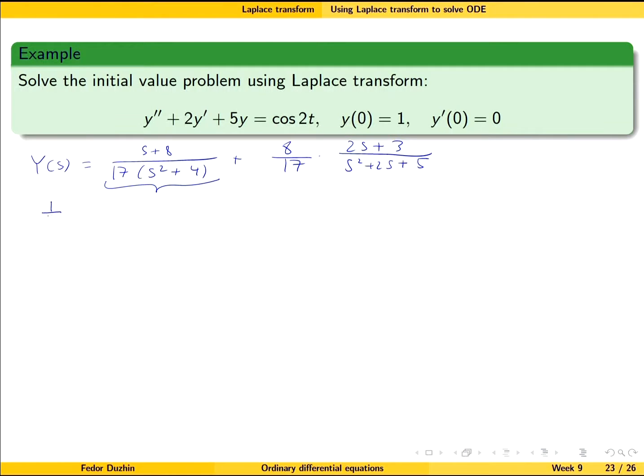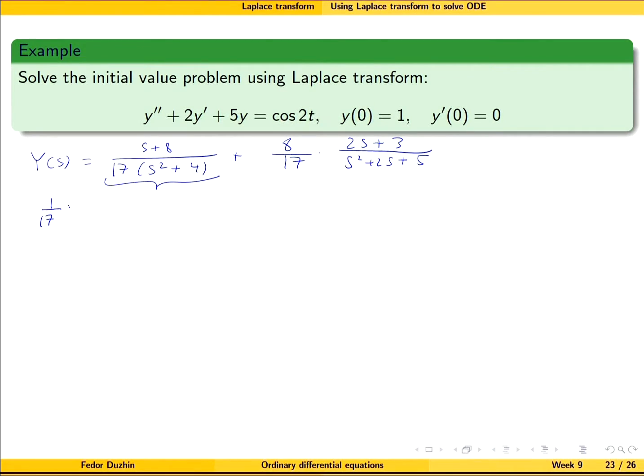So this is 1 over 17 times s over s squared plus 4, plus, we have 8, right? So I'm going to write 1 over 17 times, in order to have something like the sine, the denominator is s squared plus 4. 4 is 2 squared, so for the sine function I should have 2 here.